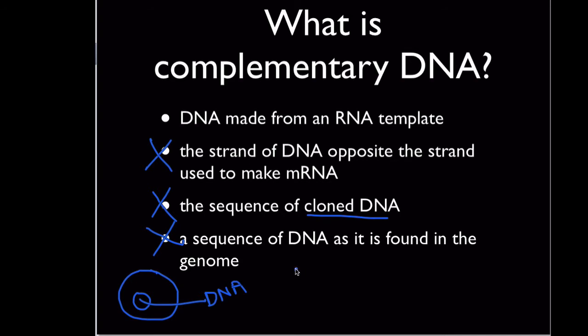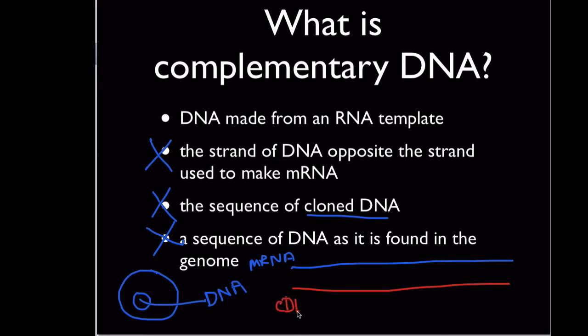So what complementary DNA is, is when you have messenger RNA and you use a polymerase to make a DNA copy of the RNA. That is what complementary DNA is.